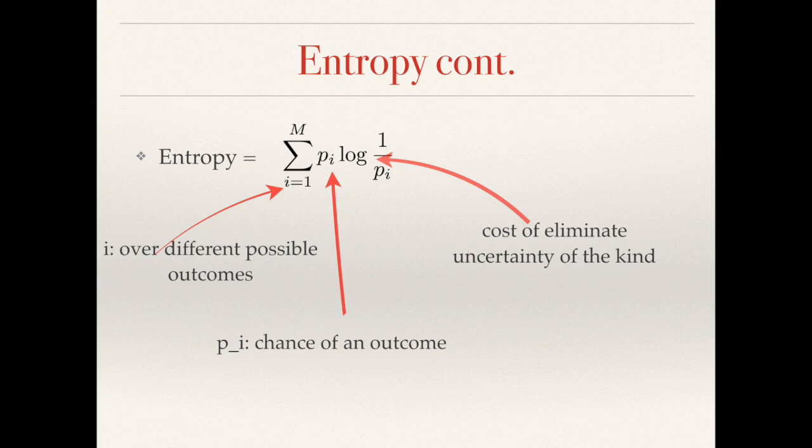This term represents the minimum number of smart questions to ask to clarify the situation in the population represented by P or Pi. By smart, we mean the optimal way of asking yes, no, or binary questions, so as to eliminate uncertainty in the situation. Let us see an example.